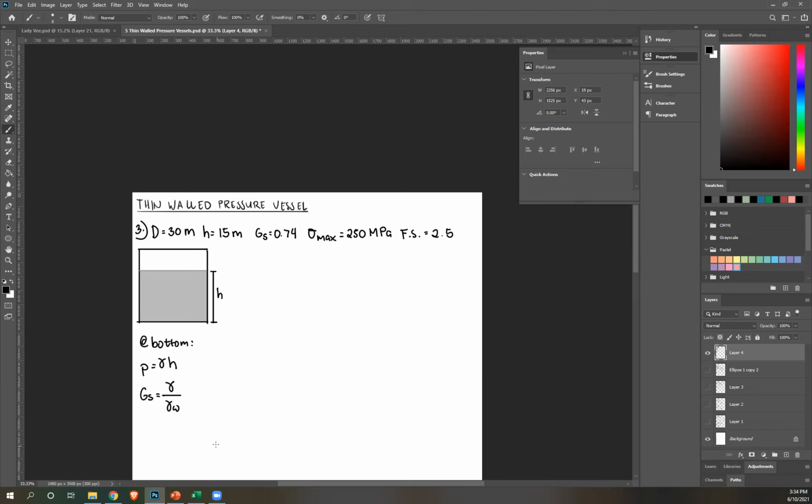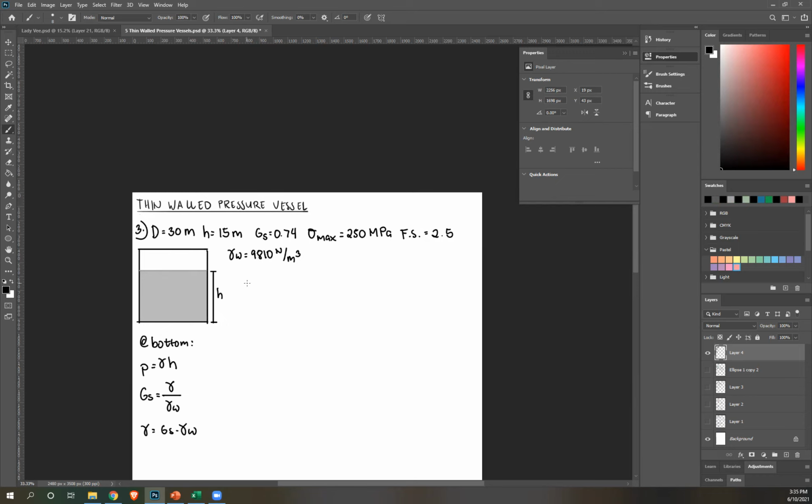And unit weight of water is 9810 Newton per meter cube. Therefore, gamma is GS times gamma water. So that's our equation for P. So P is just GS gamma water times H.